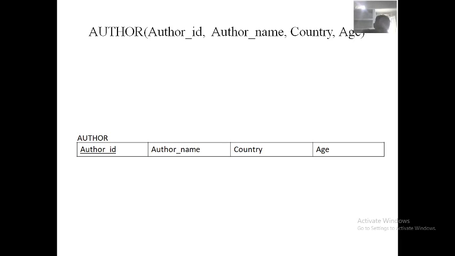Just now we have created student table, book table, then one more branch table. In any one of these, are author name and country the primary keys? No. In branch table, branch ID is the primary key. In student table, USN is the primary key, and in book, book ID is the primary key. Then how can author name and country become the foreign key here? No. Got it? This table is not having any foreign keys, only a primary key, that is author ID. Is it clear now?